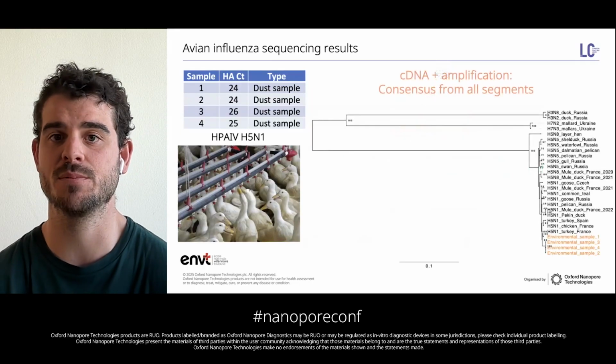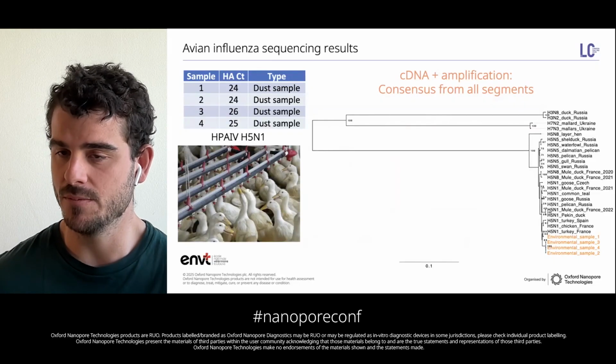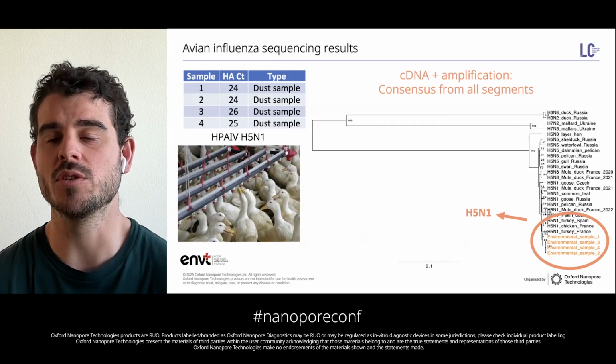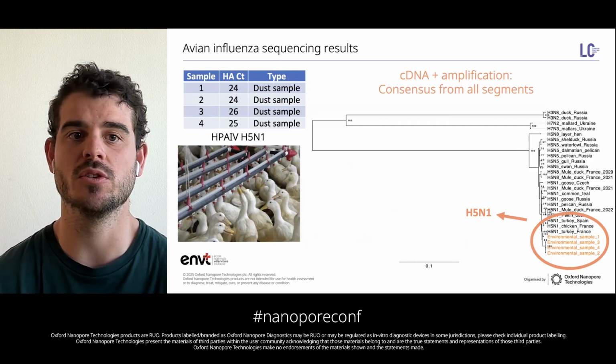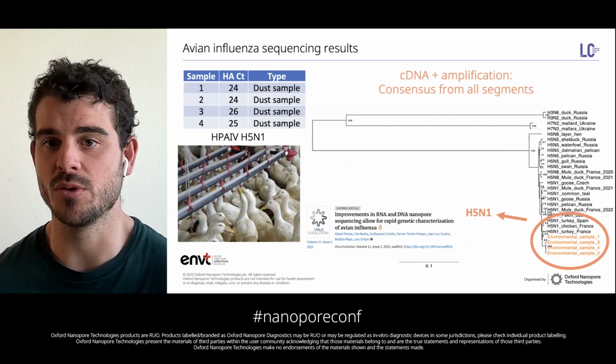So after performing this protocol, we were able to obtain the consensus from all the segments and build a phylogenetic tree showing that they were clustering together with other H5N1 strains, as we expected, because we knew that was the virus that was infecting the farm, and therefore validating our protocol.